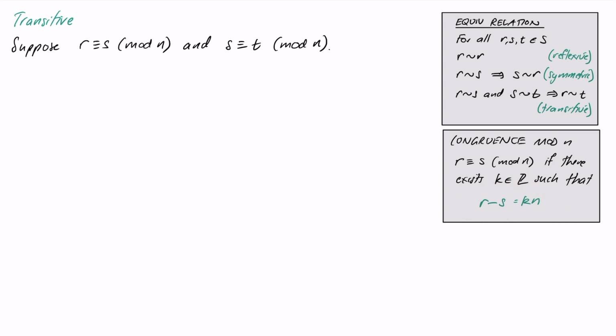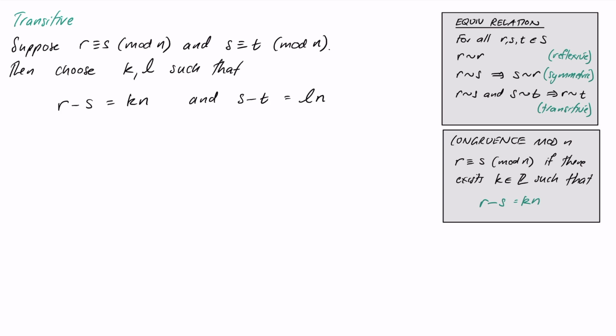Now, we've got two different equivalences here, so that means we've got two different integers k, we better call them two different letters, that we can pull in. So what we can say, then, choose, let's just call them k and l, such that R minus S is equal to k times n, and S minus T is equal to l times n.